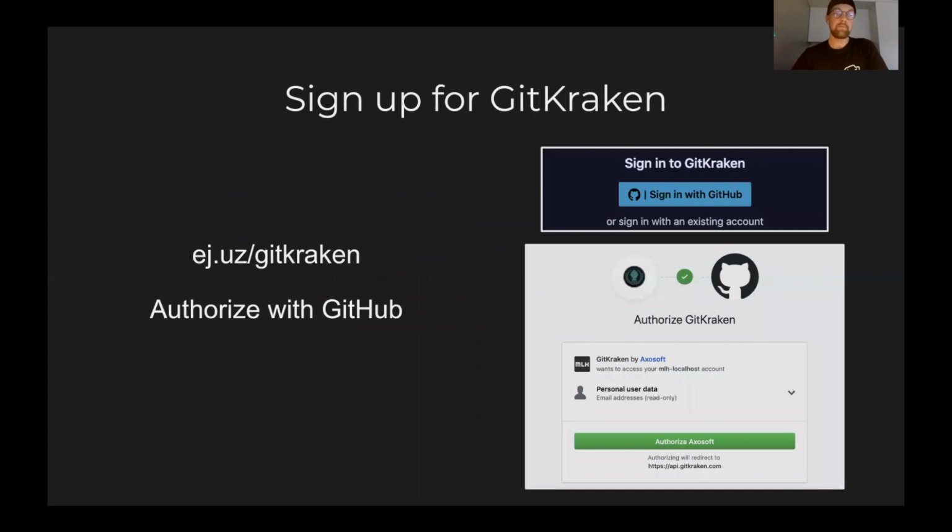When that's done, you go to GitKraken's page. You can follow this link right here, and you sign up with GitHub, basically using GitHub as a sign-in method, and then authorize your GitHub to GitKraken. And then you have to download the app for use. I've already done that.